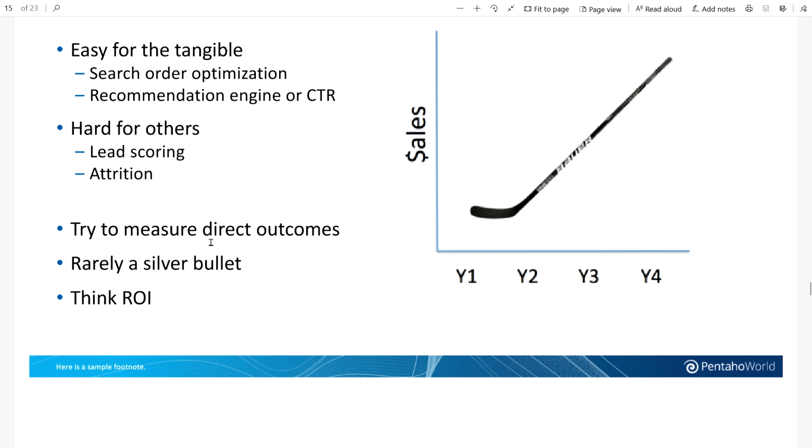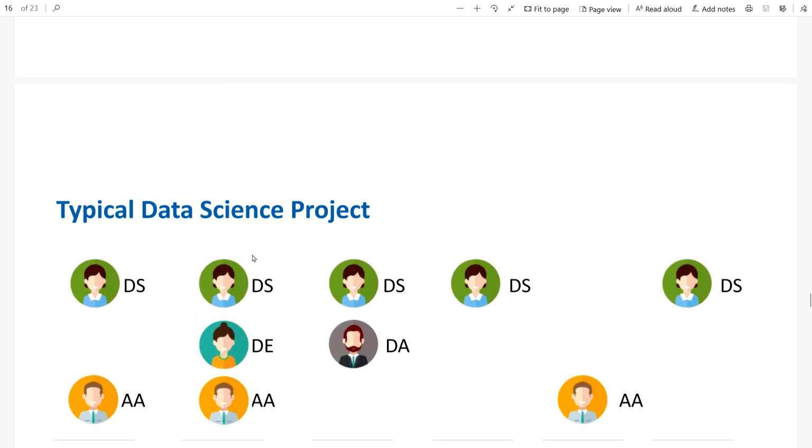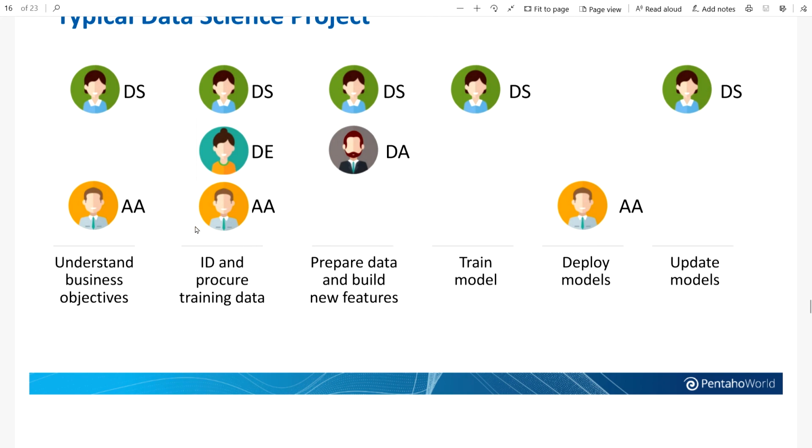Try to measure direct outcomes and think in terms of return on investment. That's how data science projects are executed industrially, from understanding business objectives to deploying and updating models.